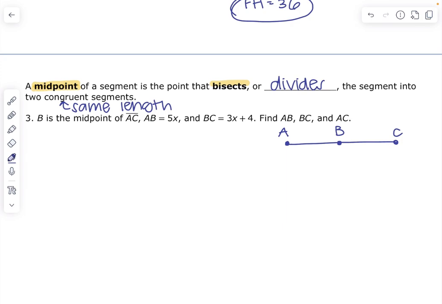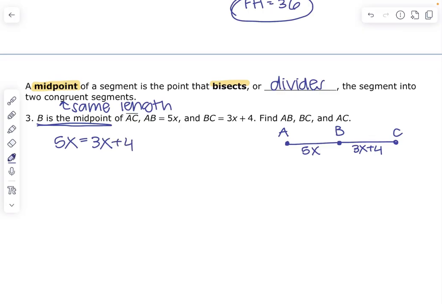It also tells us that AB is 5x and that BC is 3x plus 4. All right, the important part here is that B is the midpoint, right? So because it's the midpoint, we already said AB is the same as BC. So I'm going to set 5x equal to 3x plus 4.